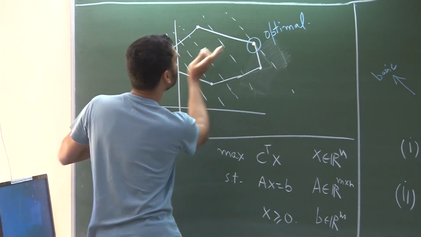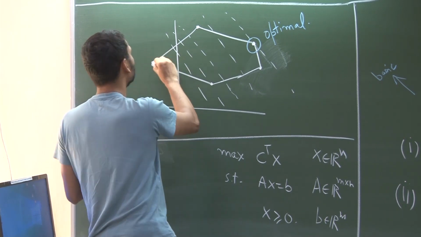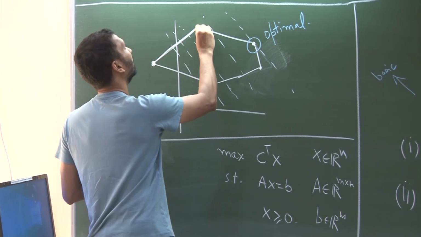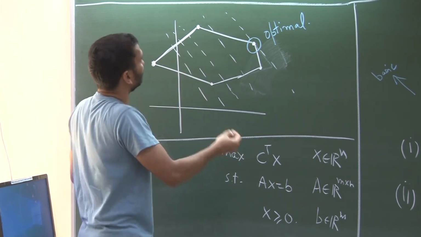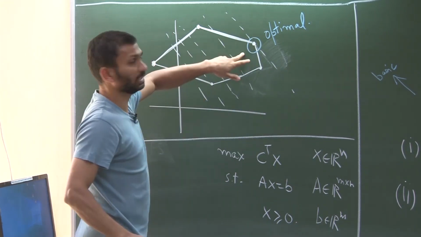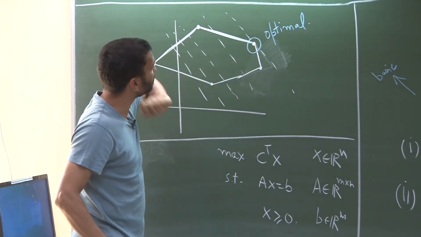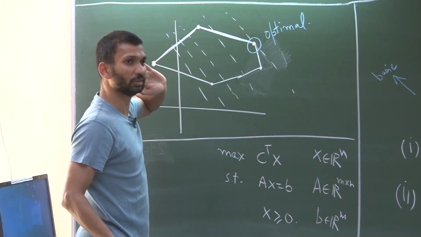So I go this way, and I am lazy, so let me take the short way, I reach this vertex. And at this vertex, again, I always have an option to move towards the optimal. And when I reach here, I check in both directions, my objective function is decreasing. Great, I have reached the optimum, right?